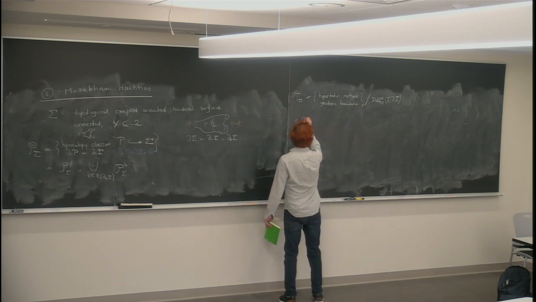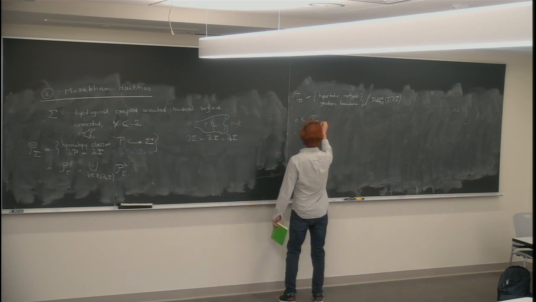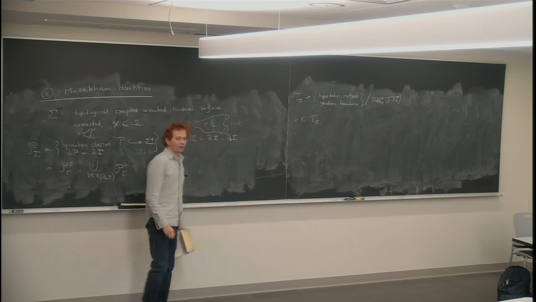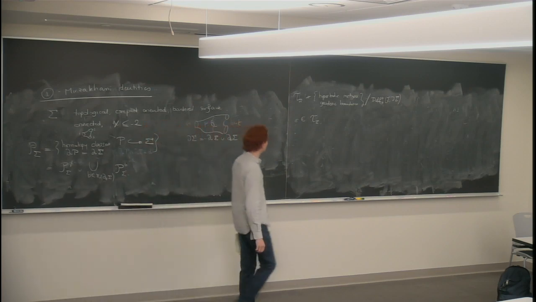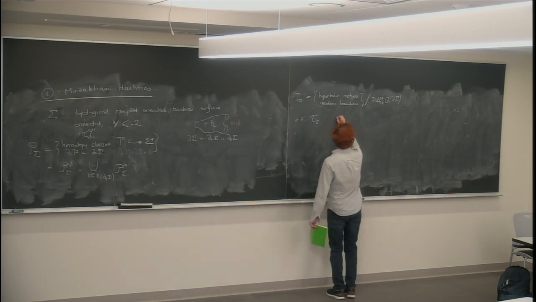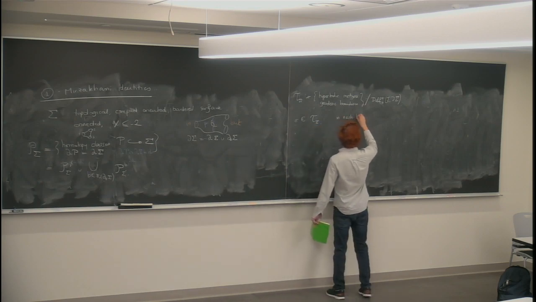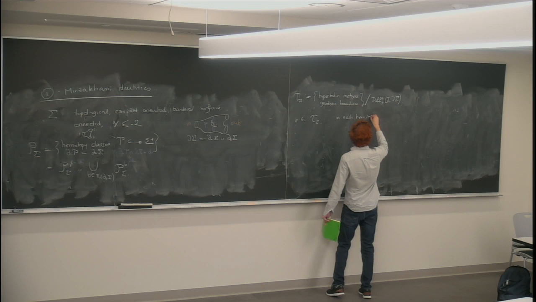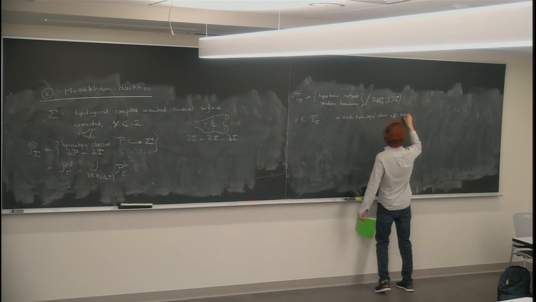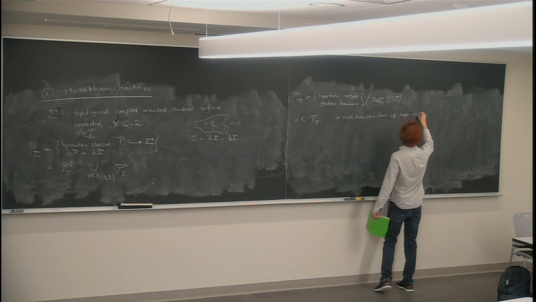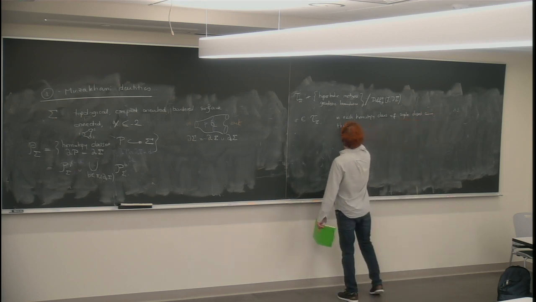If I take a point here, that's a hyperbolic metric, I have a way to give a length to homotopy classes of simple closed curves. And in fact, in each homotopy class of simple closed curve, there exists a unique geodesic representative.